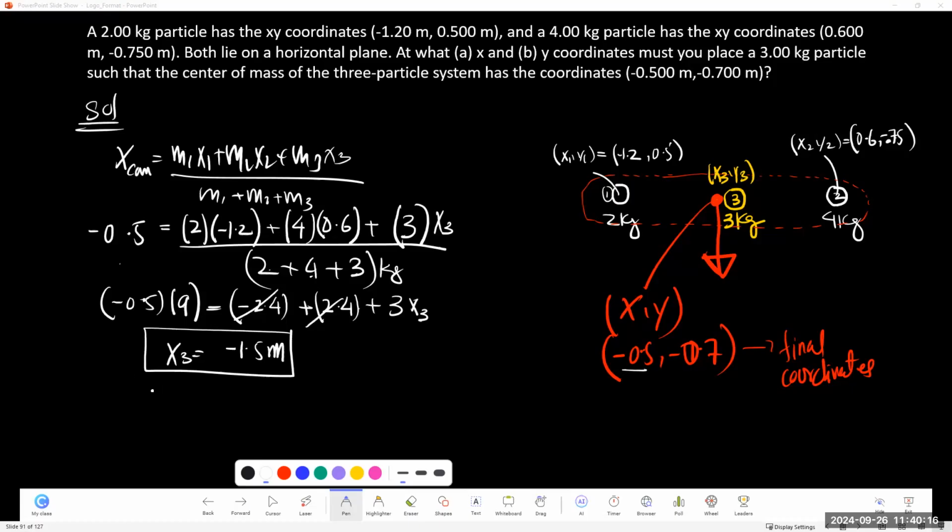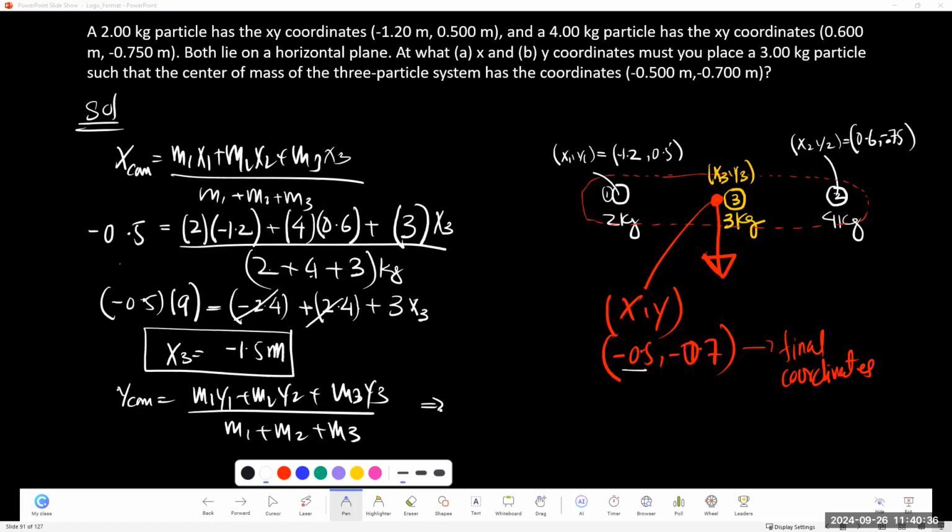I'm going to apply the same strategy on y, and the formula is y component equals m1 y1 plus m2 y2 plus m3 y3, divided by m1 plus m2 plus m3.